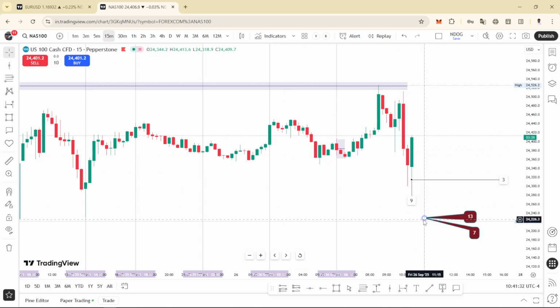So the next region, or my next point of interest, is the combination of these two: 9, 10, 11, 12, which is a hidden 13. And then counting from here, we have 1, 2, 3, 4, 5, 6, which is a hidden 7. So this is my next target.